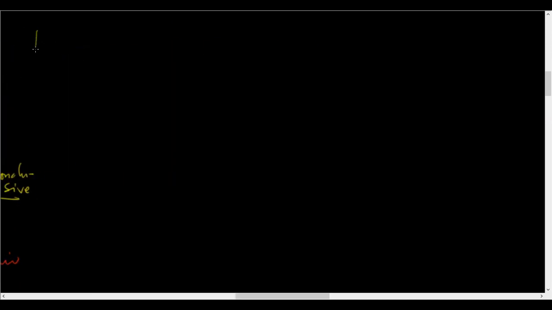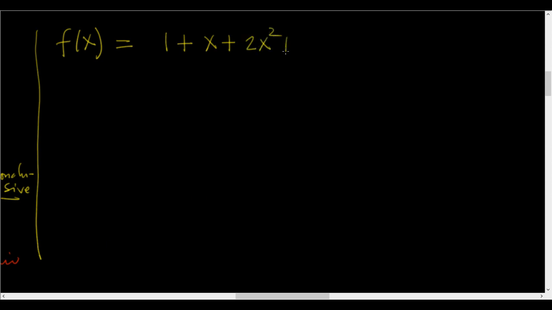So for example, I have a series, let us say f of x is equal to 1 plus x plus 2x squared plus 3x cubed plus dot dot dot. Here is a series. Okay, now what is this series? Whatever it may be, but when will it converge?